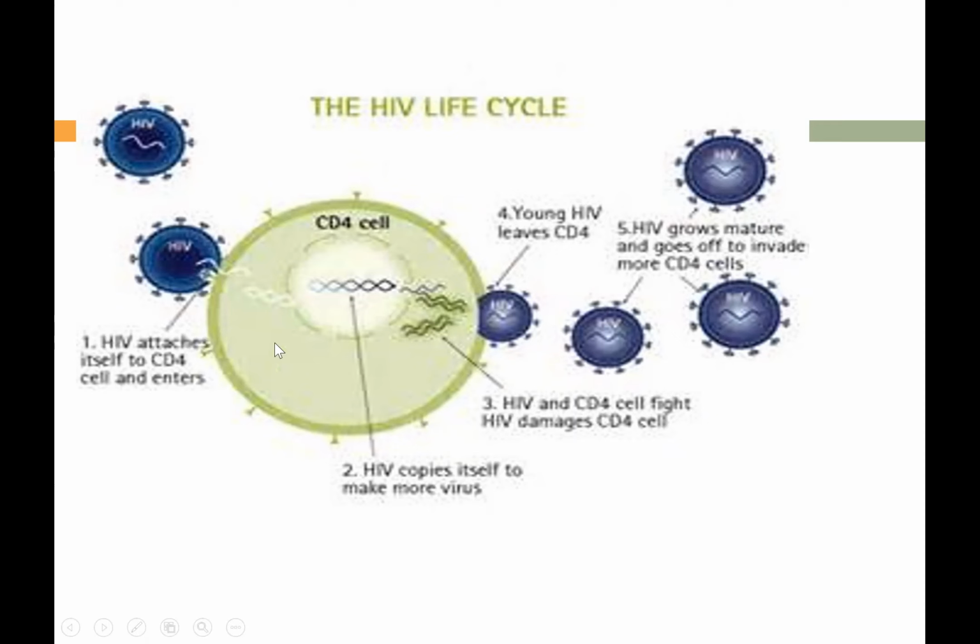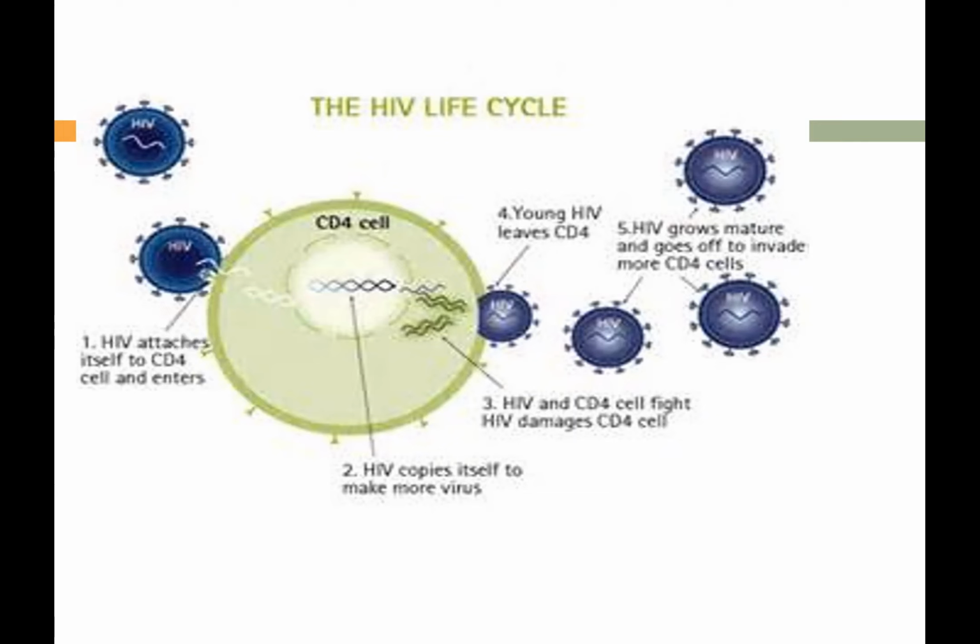The requirement for CD4 binding explains the selective tropism. Tropism means predilection of the virus for CD4 T cells and other CD4 positive cells like monocytes, macrophages, and dendritic cells. Binding to CD4 is not sufficient for infection.